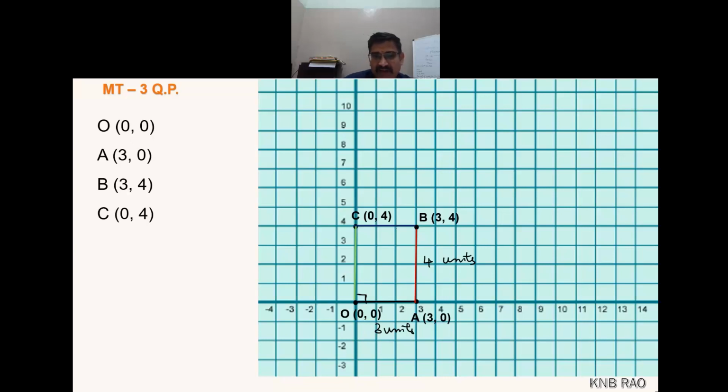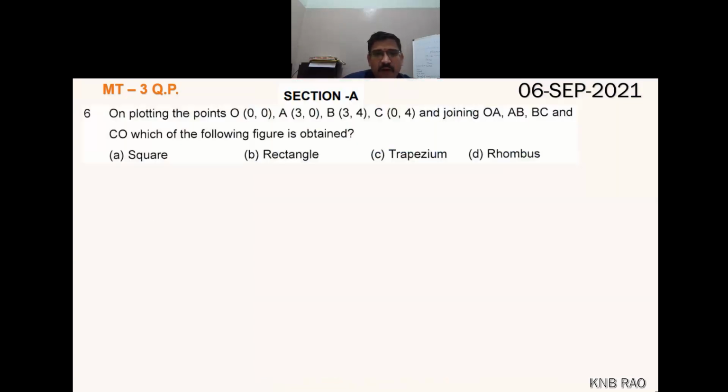In a quadrilateral, if one angle is 90 and opposite sides are equal, it is a rectangle. Okay, so amongst the given options, the right one is B.